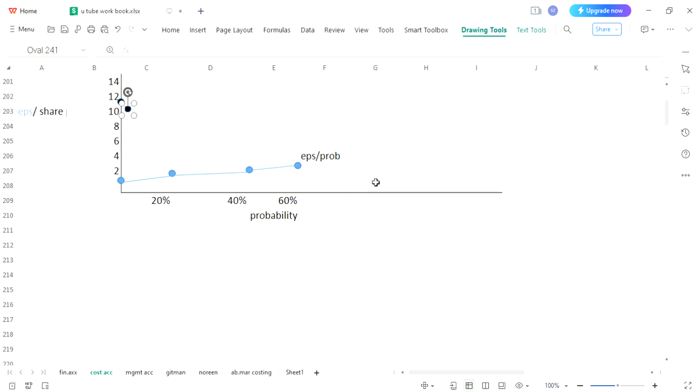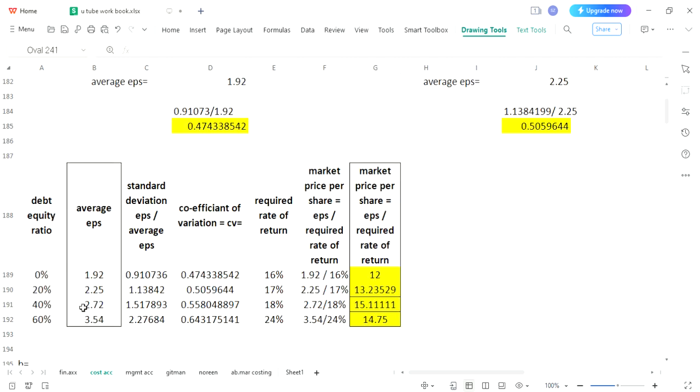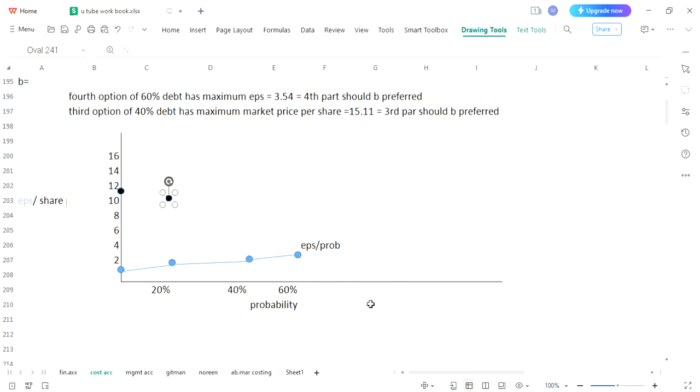So first point has been calculated. Now we will see for 20% how much. For 20% sale price is 13. 13 would be in between 12 and 14. So this may be the point. Then we will put our next point for 40%.